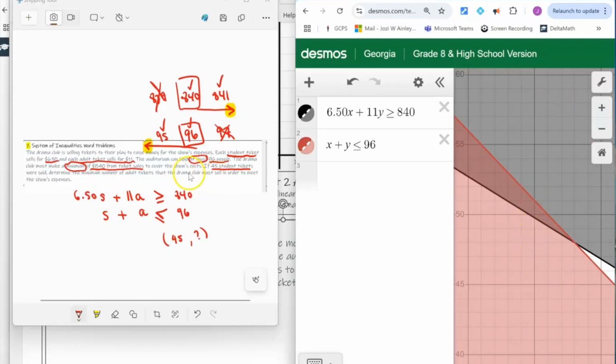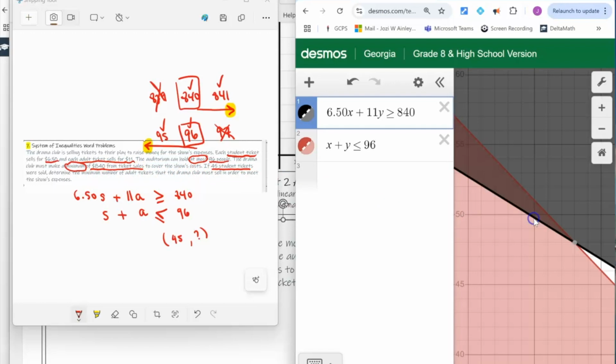But the question is saying the minimum number of adult tickets that can be sold. So when I look at this answer, is this possible for me to sell tickets? Because that's the minimum, right? The furthest down on 45. Is it possible for me to sell 44.93 tickets? No. So I have to go until the next whole number.